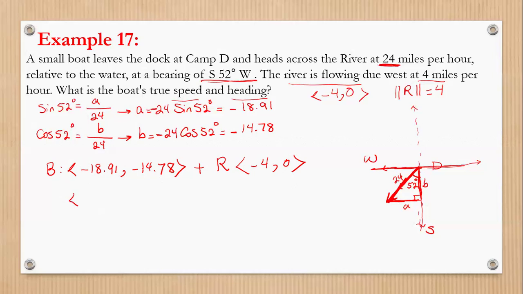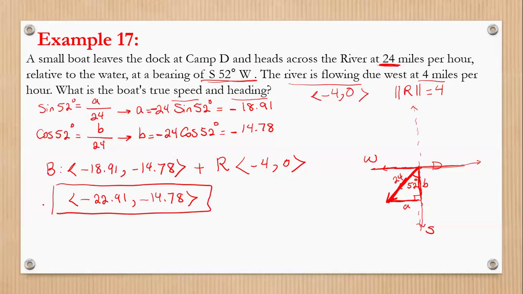Negative 18.91 minus 4 is negative 22.91. And negative 14.78 plus 0 is still negative 14.78. Now this is the true vector for the boat, considering the boat and the river together, because the river is also helping the boat.